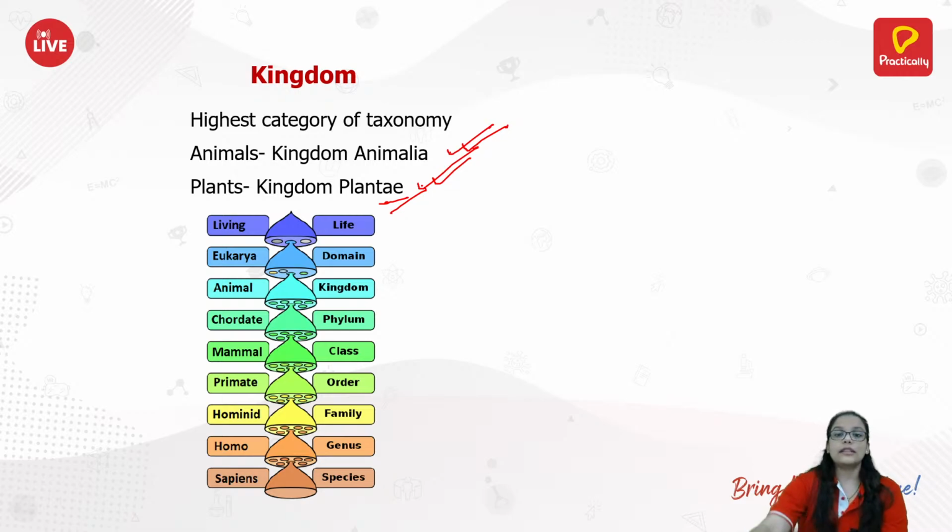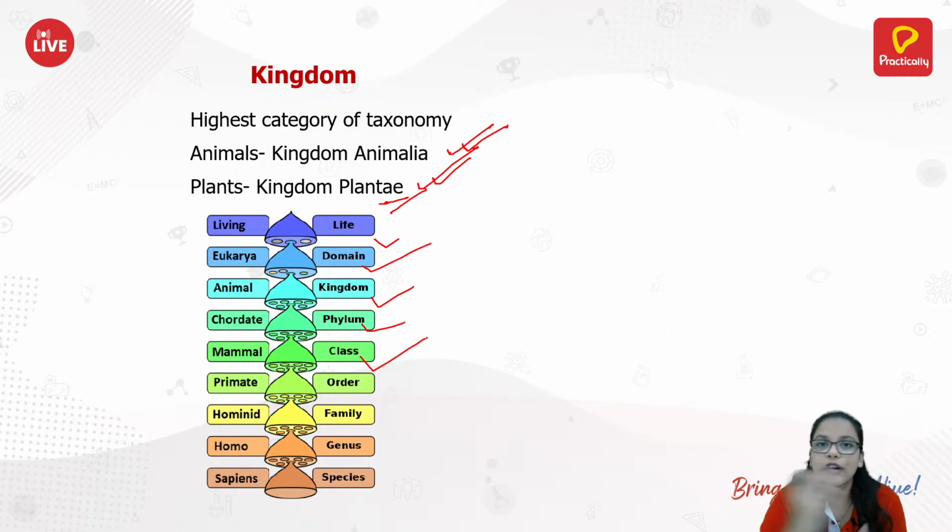Now this figure I have put so that you can understand where Homo sapiens or humans stay. It starts with life, we are living. Domain, Eukarya, because we are higher living things. We have multiple cells, so eukaryotes. Kingdom, this is where it starts. Animals. Phylum, Chordata, as I said, we have vertebral column or spinal cord.